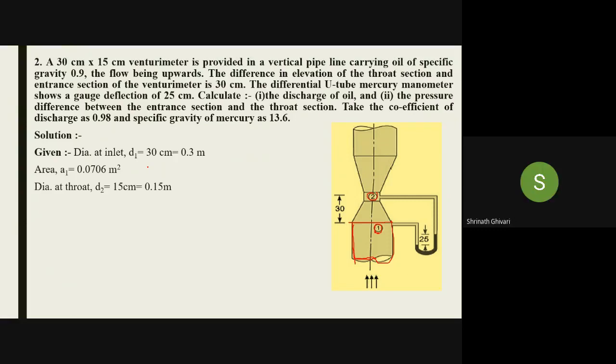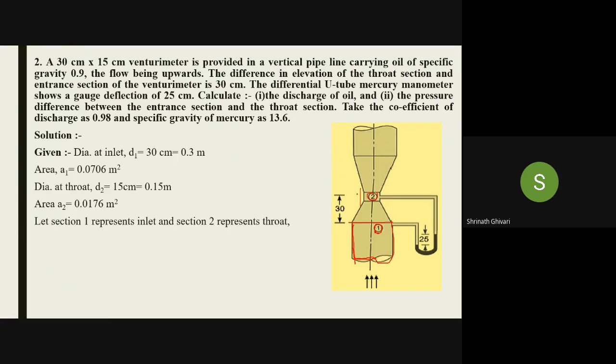Calculate and let me know. 0.0176. 0.0176 meter square. We are considering section 1 as the inlet of the pipe and section 2 as the throat of the pipe.